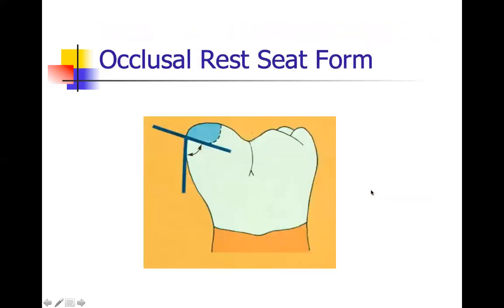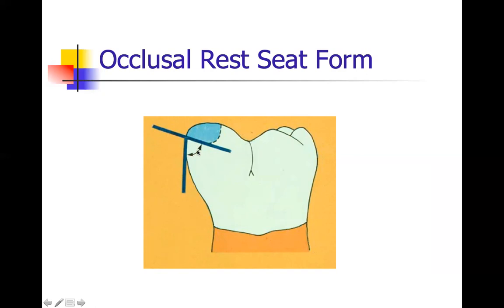The floor of the occlusal rest seat should be inclined towards the center, and the angle formed by the rest and the minor connector should be less than 90 degrees. This angle should be less than 90 degrees.